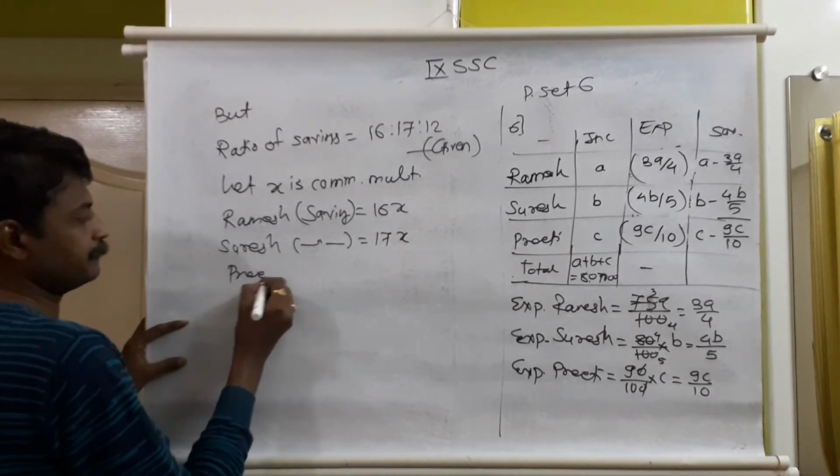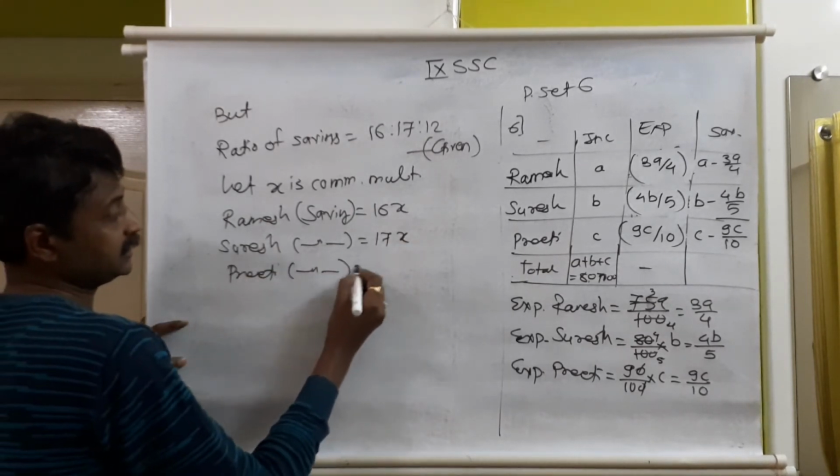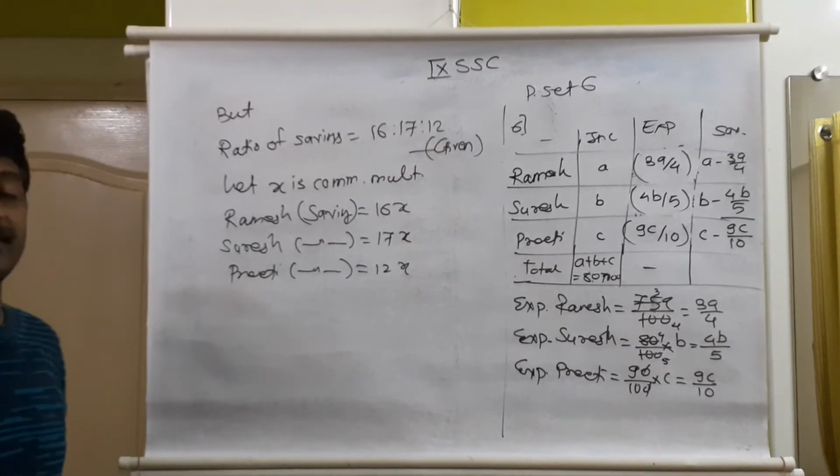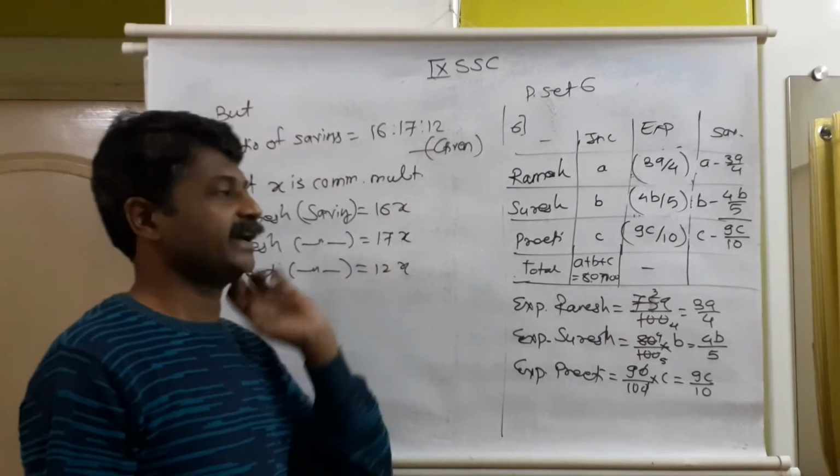And for Preeti, her savings will be 12x. So these are the savings by considering the common multiple as x.